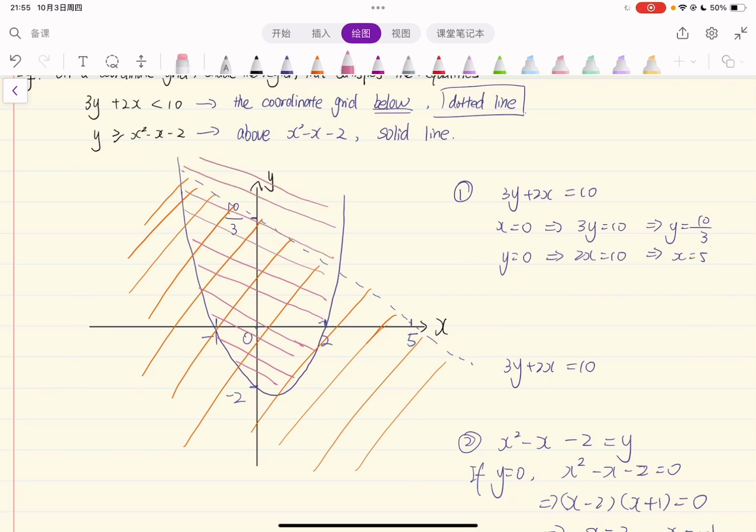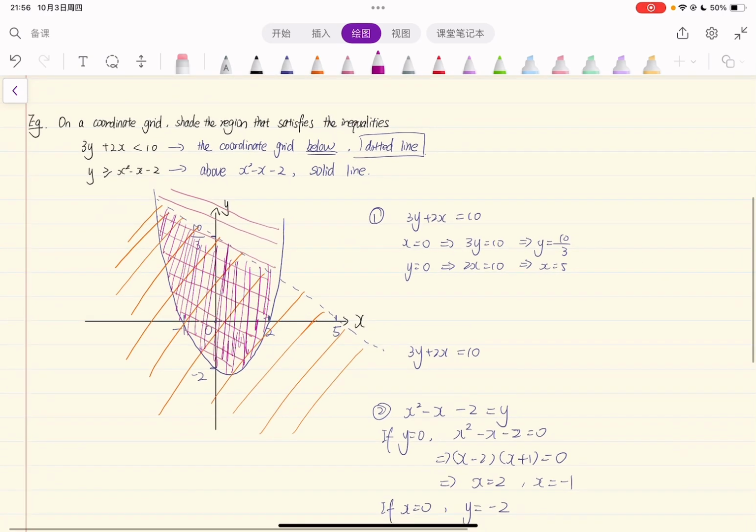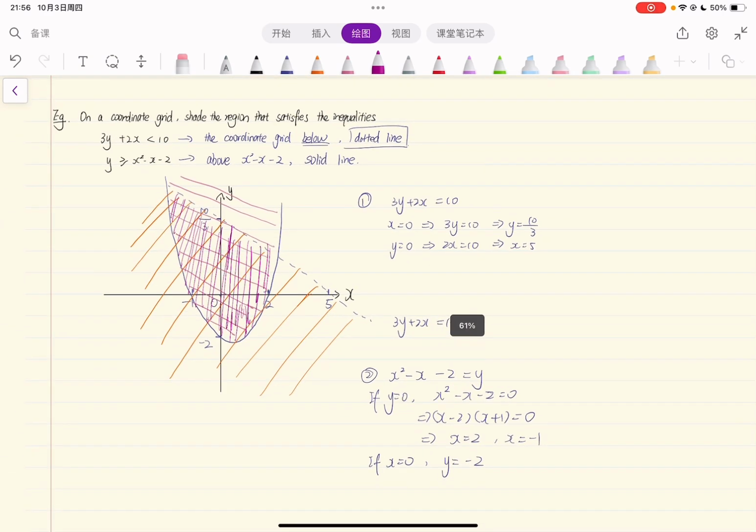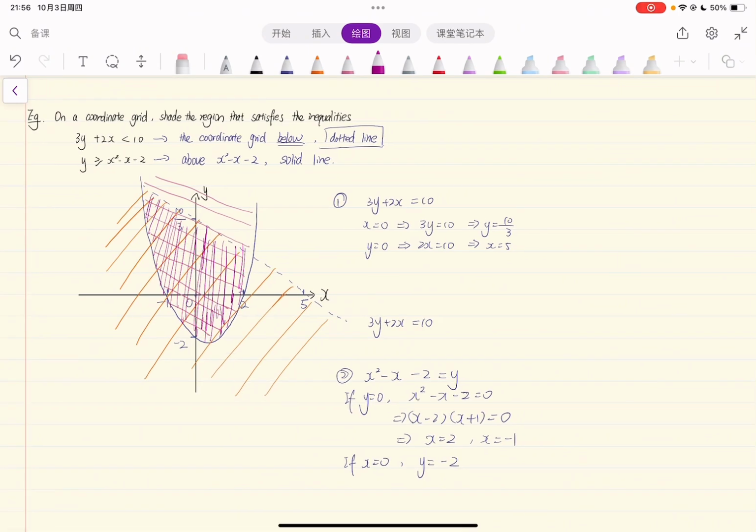Now we can see the overlap area, which is those parts, the purple one. And we have done this question.